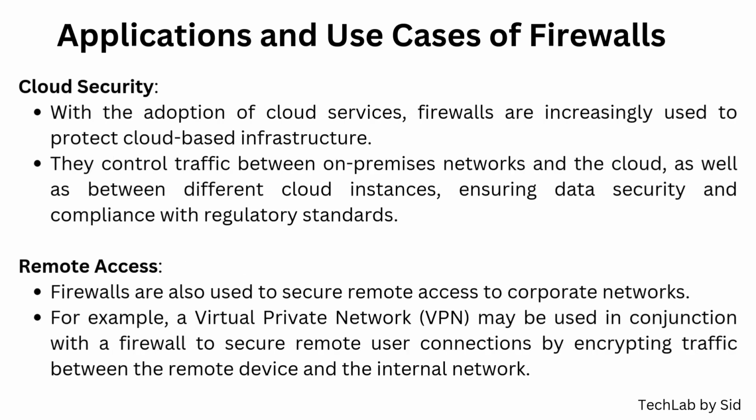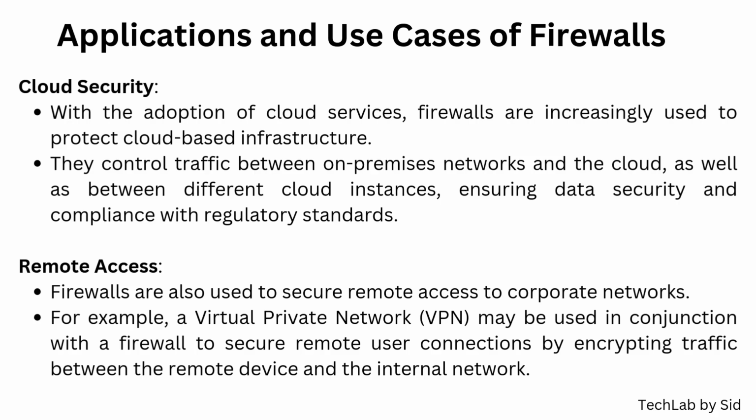Cloud security. With the adoption of cloud services, firewalls are increasingly used to protect cloud-based infrastructure. They control traffic between on-premises networks and the cloud, as well as between different cloud instances, ensuring data security and compliance with regulatory standards.